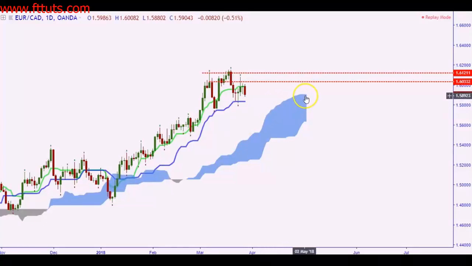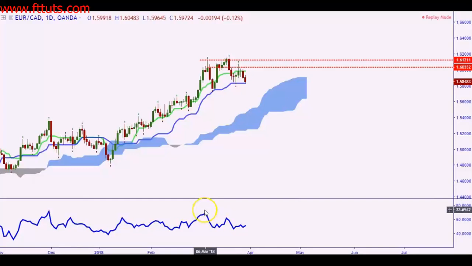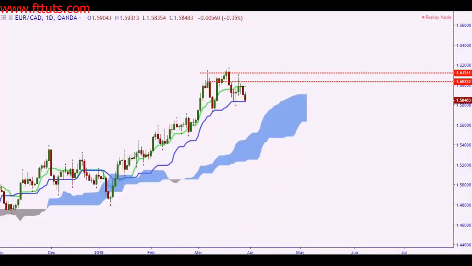It rolled to the upside, it's starting to flatten out. The cloud got thicker and is starting to flatten out also. I'm really contemplating, and I'll look at divergence. And I really don't see divergence. The market is still doing the same thing as the price, so I wouldn't have seen divergence.